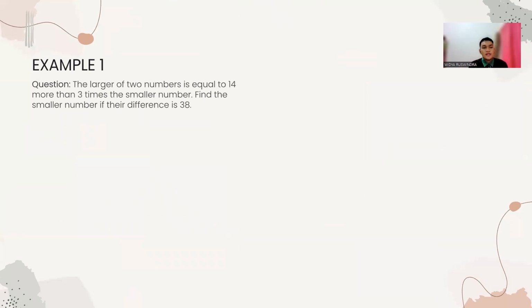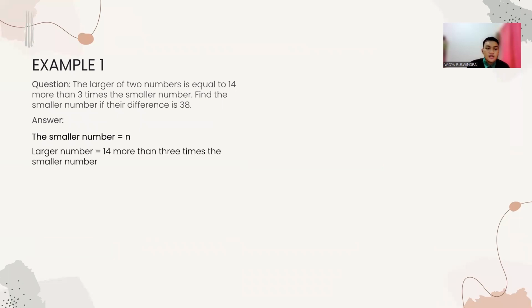This is example 1, the question. The larger of two numbers is 14 more than 3 times the smaller number. Find the smaller number if their difference is 38. For the answer, let's say the smaller number equals n and the larger number is 14 more than 3 times the smaller number. This we get from the question.